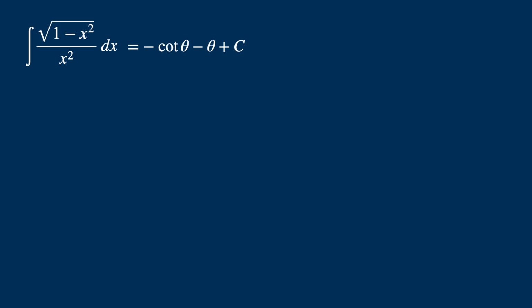Let's go to that one. So we find the integral of the square root of 1 minus x squared over x squared dx equals negative cotangent theta minus theta plus c. Cotangent theta should be changed into the x variable. Let's start with cotangent theta. What is x from the beginning? x is sine theta, so sine theta is opposite over hypotenuse.